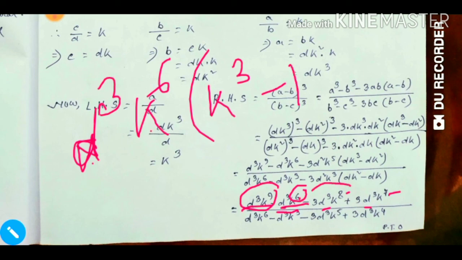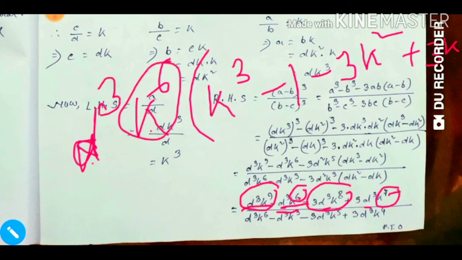Then this part minus, it is minus 3 remain because 3 we did not take common, and dq already we took common, so it is cancelled. Then k8, we took 6 times common, then will remain k square. Then plus 3 remains, so we will write 3, and dq already took common, and out of 7 times k 6 times already took common, so only 1 time k will remain.